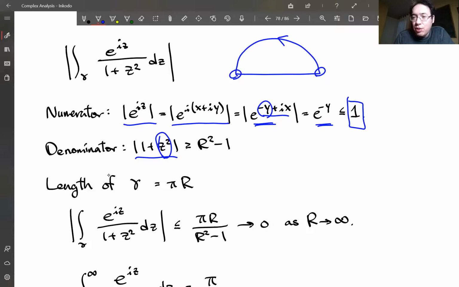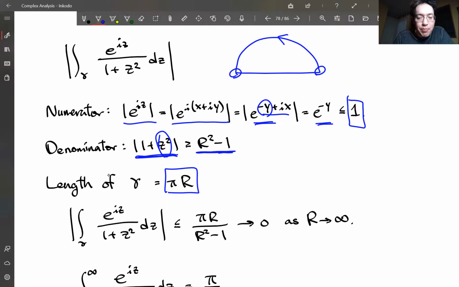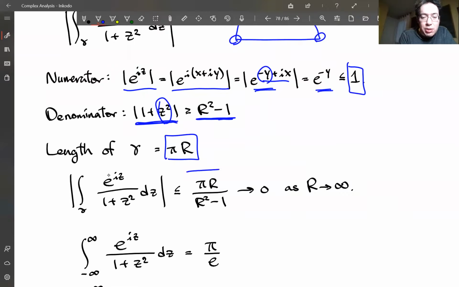We can use the reverse triangle inequality to show that the denominator is always at least r squared minus 1. Also, to use the ML estimate, I need to know the length of the path. For the semicircle, half of the circumference is pi times r. Using the ML estimate, the integral cannot be bigger than pi r over r squared minus 1. The power of r in the denominator is bigger, so as r gets bigger, this does approach 0, as claimed.